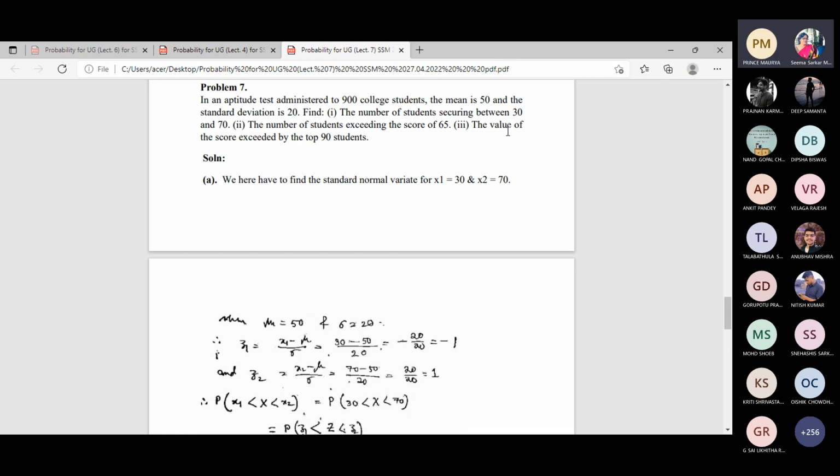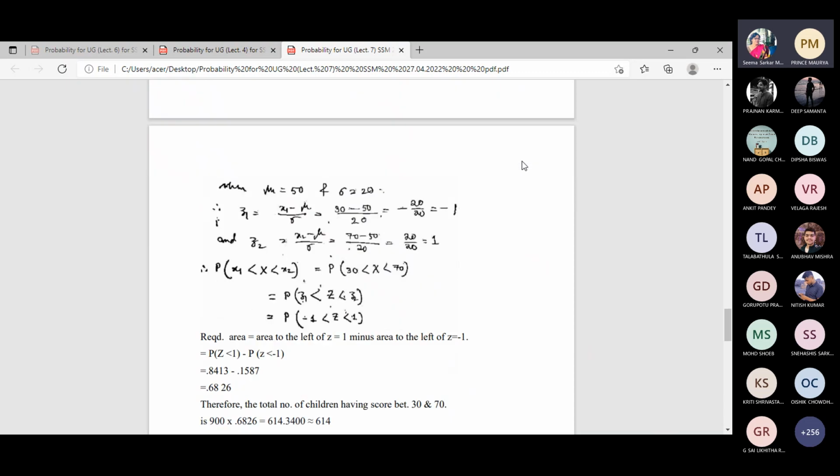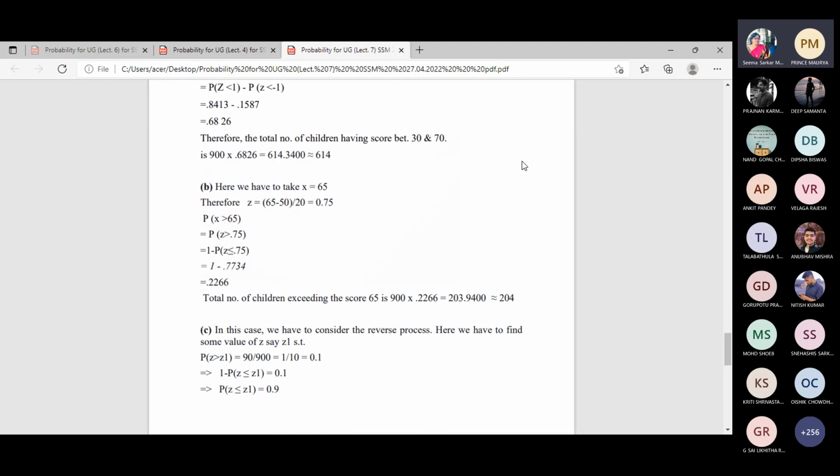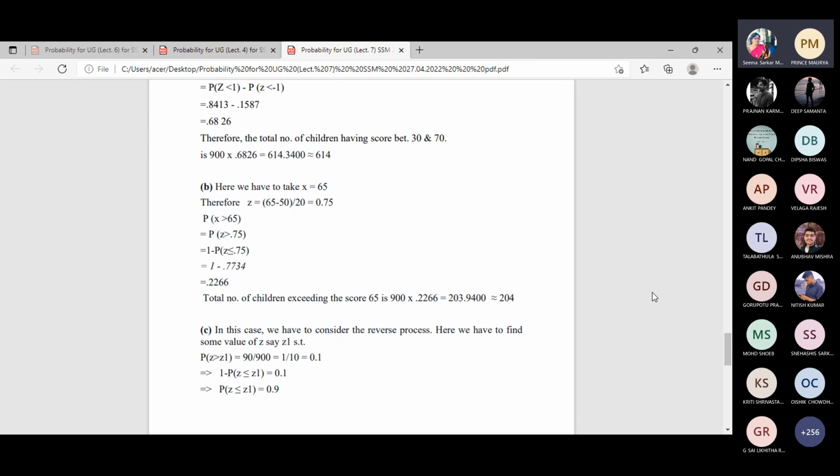If you take the value of the score as X, or in terms of Z, whatever it is, because ultimately we have to find it in terms of Z. So I can consider that value as a Z value, say Z is equal to Z1. You need to find the score which will be exceeded by the top 90 students.